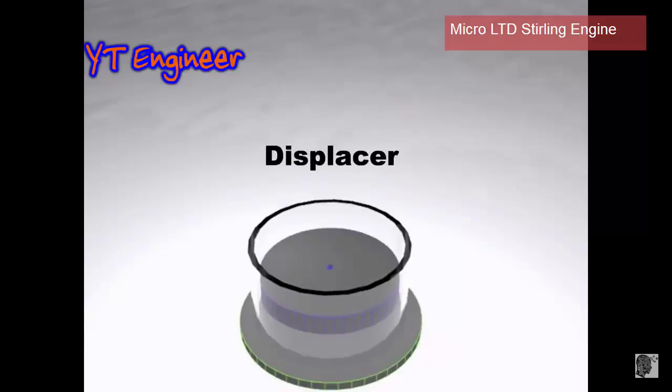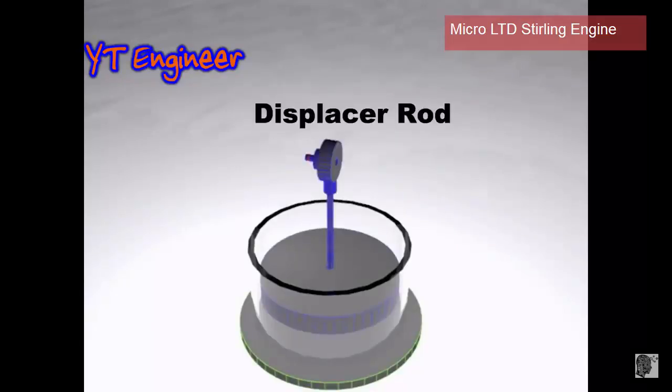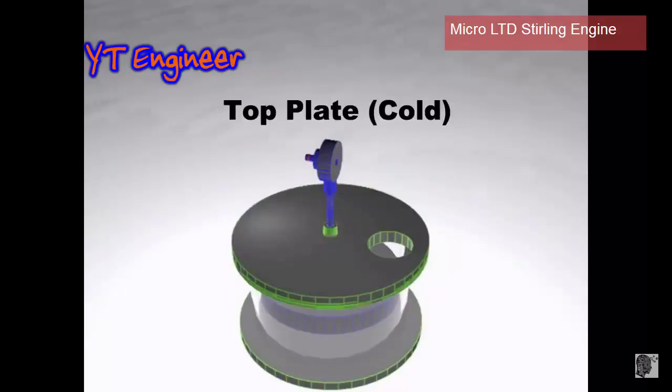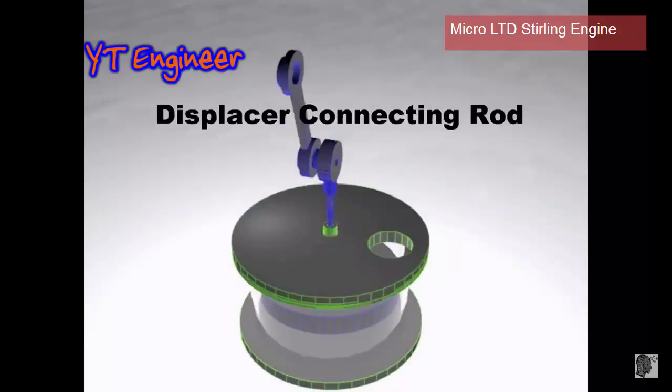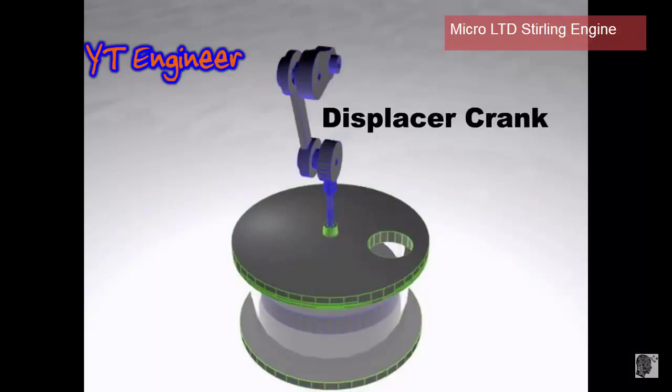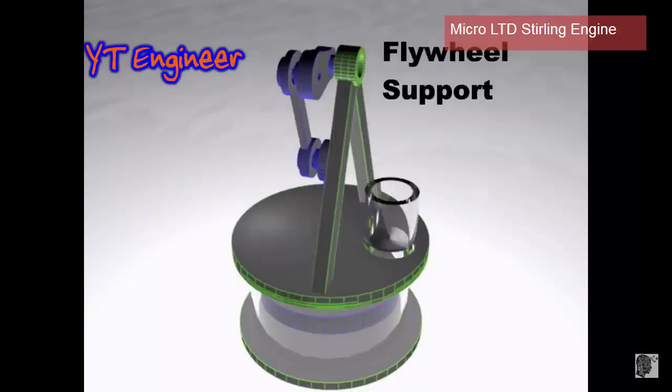Yeah, this is the one I have in my office. So you still have that displacer rod, not really a displacer piston there. You're going to run this vertically, vertical axis.